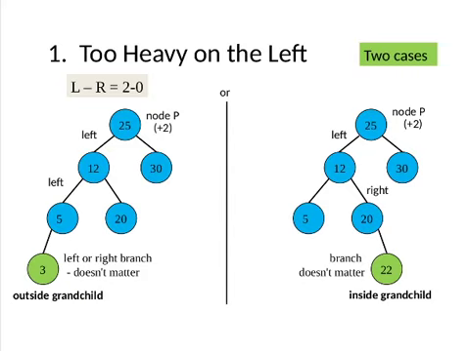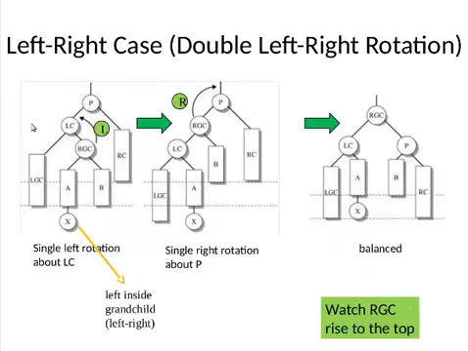As you would notice, the single right rotation over 25 does not make the tree balanced. Instead, it makes the right subtree heavy and the balance factor of the new root of the tree becomes -2. Let's now discuss how double left-right rotation restores the balance factor.